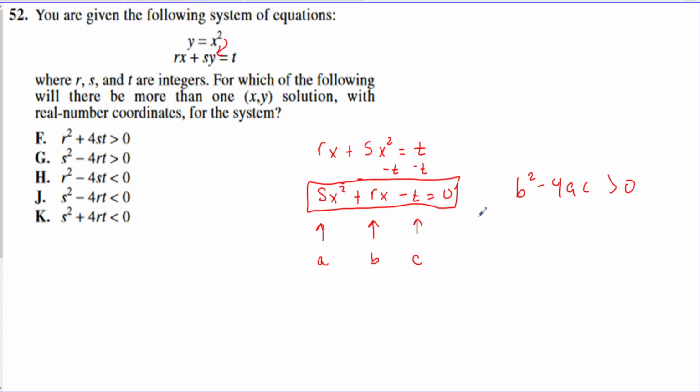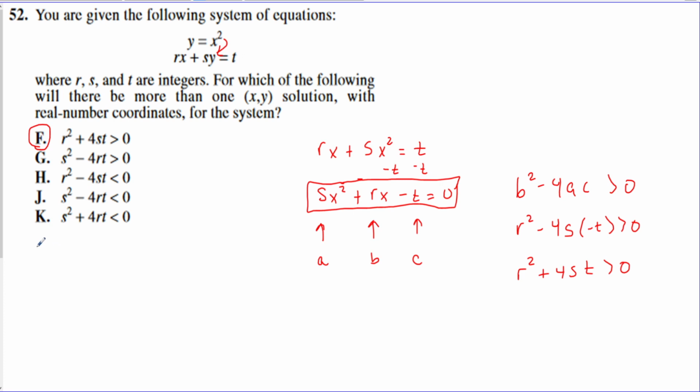Okay, if I plug these into the discriminant, here's what I'm left with. r squared minus 4, instead of a, our problem has an s. Okay, and then instead of c, our problem has a negative t. Okay, and that has to be greater than 0. Okay, well, this negative and this negative can be multiplied together, and instead I'm going to write this as plus 4st. That has to be greater than 0. That's going to be our choice letter F.